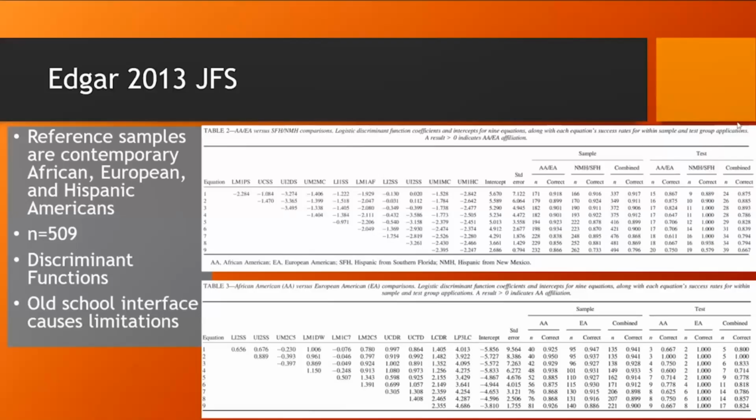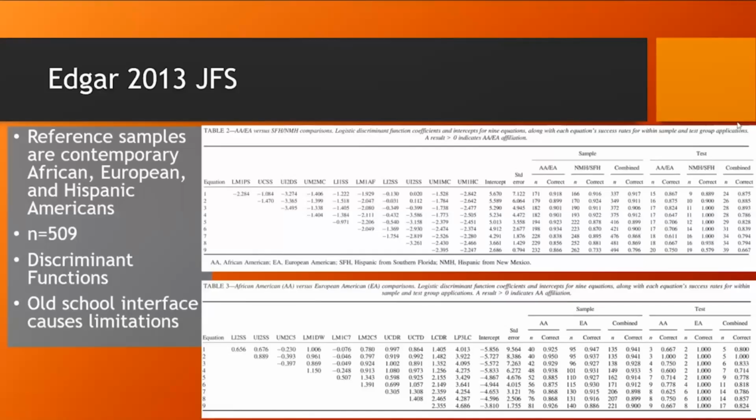The way this works is that you look at the traits that are valuable for detecting affinity with these groups, look at them in your own individual, and then work it just like any other discriminant function. It's all described in the paper pretty simply.